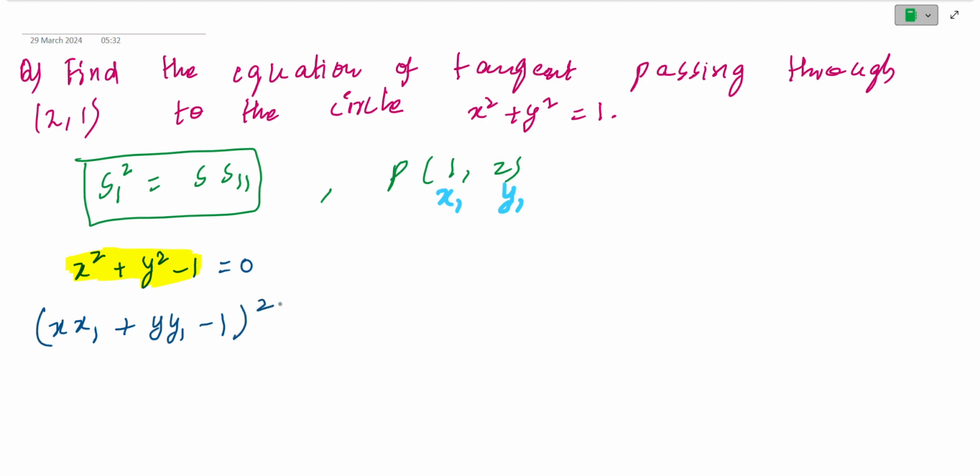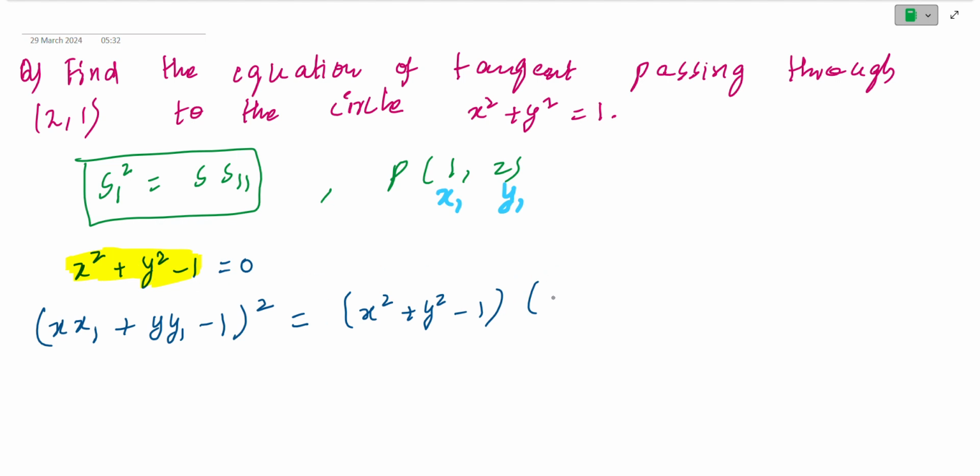So that is S1 square, okay, is equal to S. We have to write this expression as it is once again. So that is x square plus y square minus 1 times S11. So S11 means substituting the x1 y1 in the place of x and y in this expression.